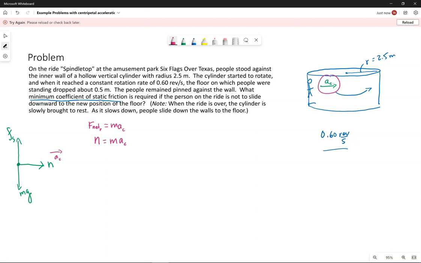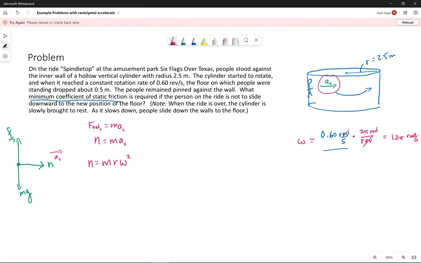Now, in terms of relating this to a speed, I'm going to plug in r omega squared, simply because they've given us 0.6 revolutions per second. I know there are 2 pi radians in a revolution, so this is going to give me 1.2 pi radians per second. This is my omega value.